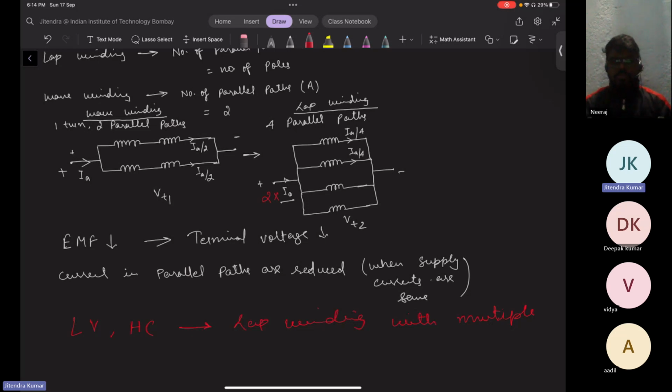Okay, so in wave winding, actually it could be lap winding as well. I wrote wave winding in place of lap winding because I want to highlight the differences between them. So in wave winding, you might know that you cannot increase the number of parallel paths greater than two, right?